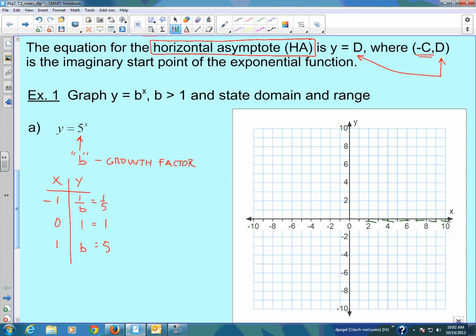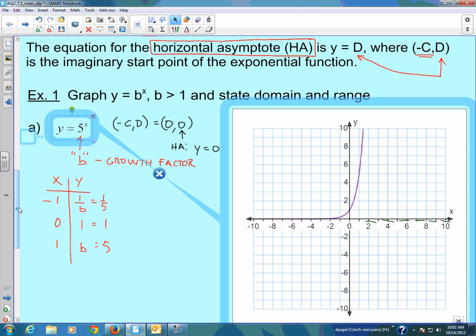So those are now my movements. I notice too, if I'm thinking about my starting point, negative c, d, well that's 0, 0. And this tells me my horizontal asymptote is y equals 0. So I can go ahead and begin maybe by putting in our horizontal asymptote in there. Let's graph this thing.